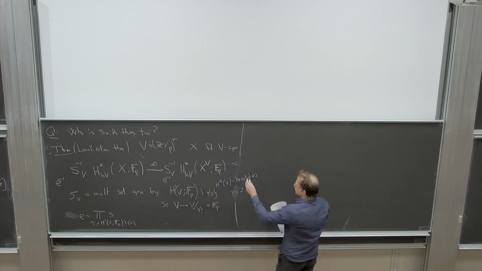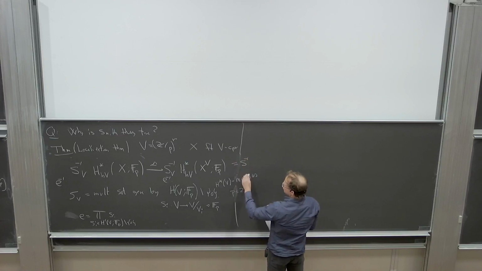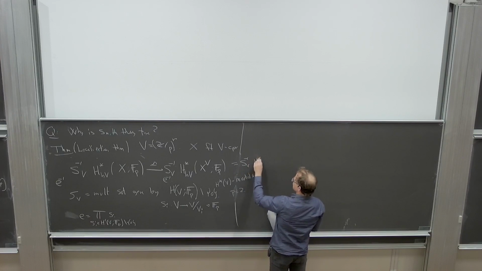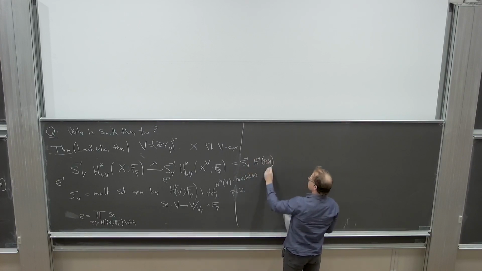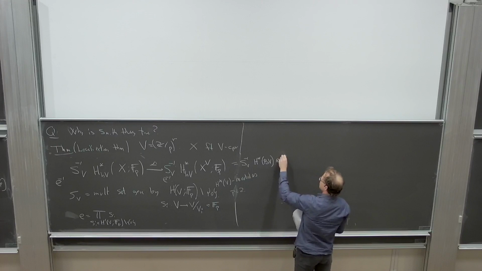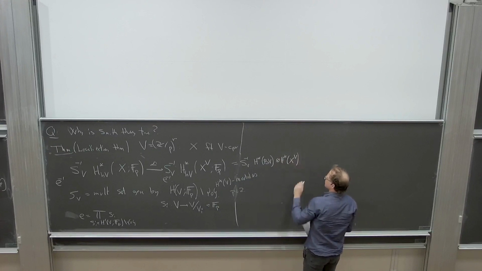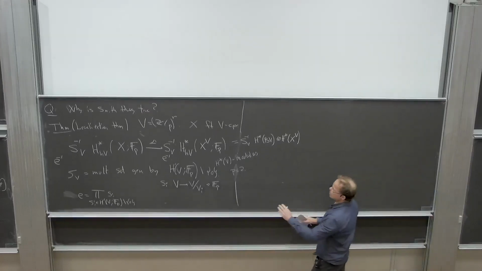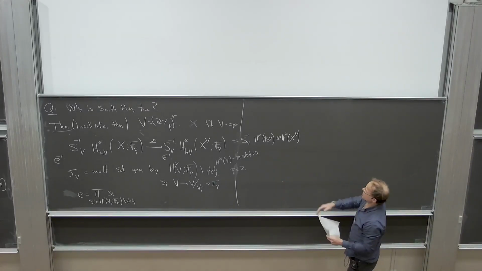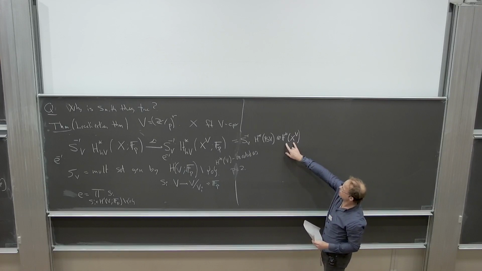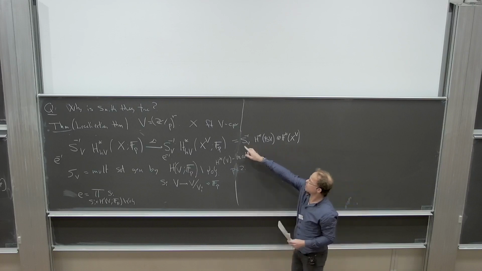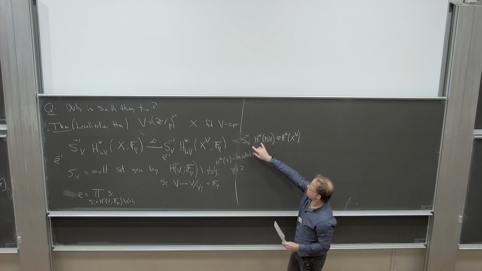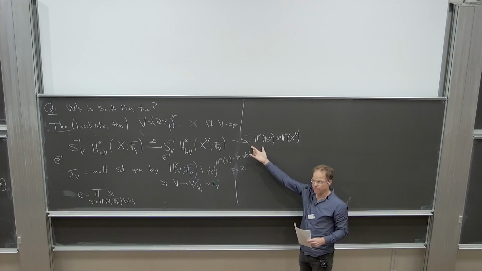So what's written here is really S inverse V of the cohomology of BV tensor the cohomology of V. So it says that from this formula, we can actually recover H star V, but only not in a graded sense.